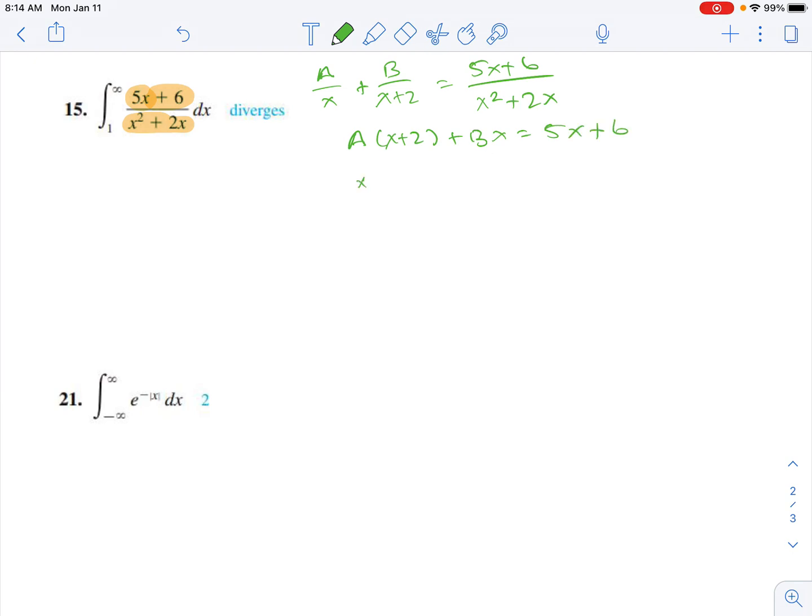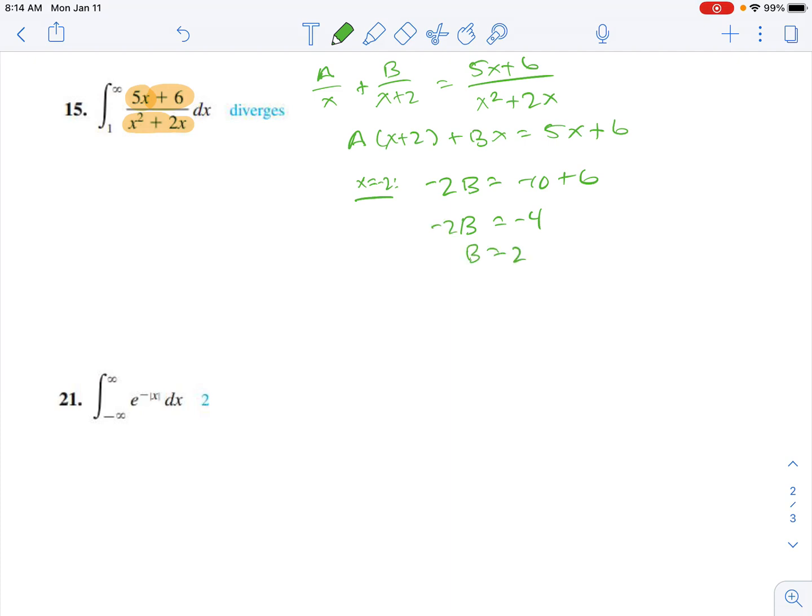So we plug in x equals negative 2, and we get negative 2B equals negative 10 plus 6, so B equals negative 4. No, it is not. Negative 2B equals negative 4, so B equals 2.